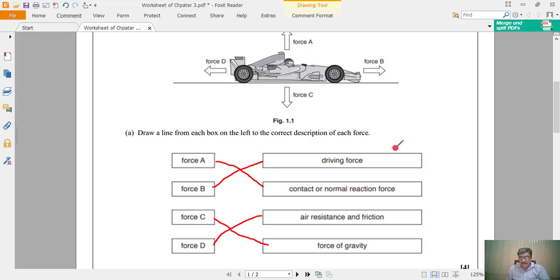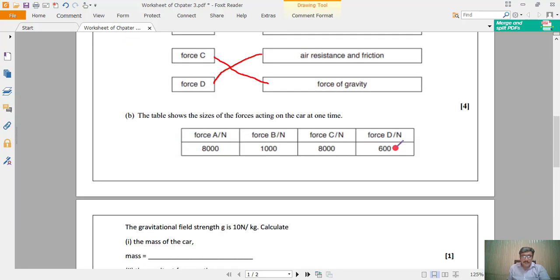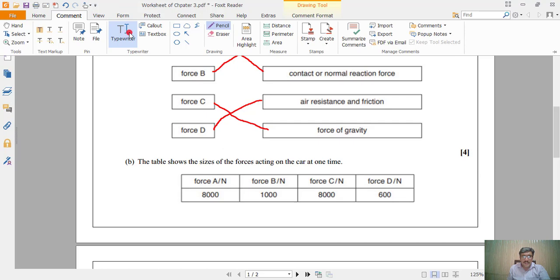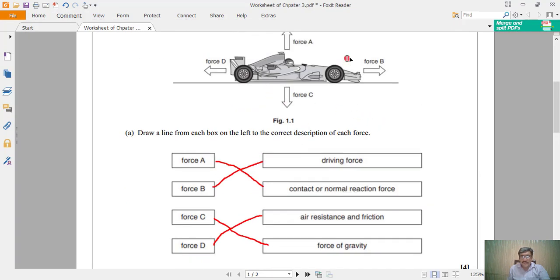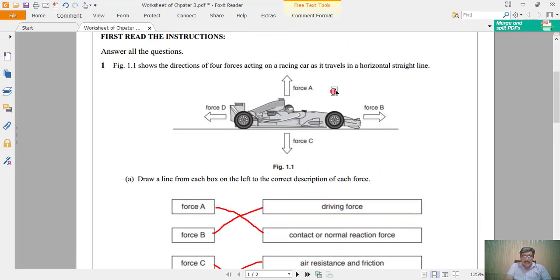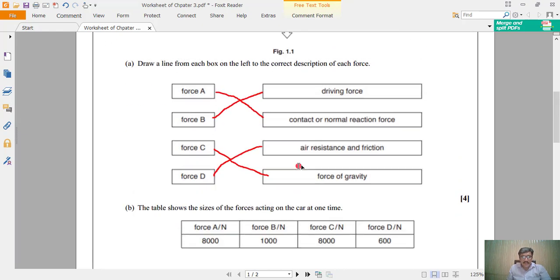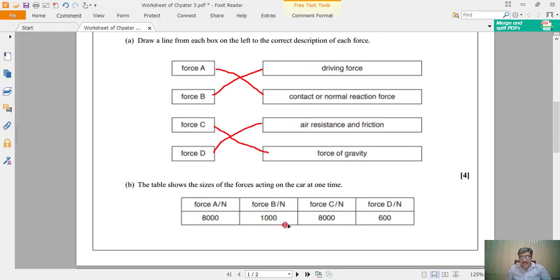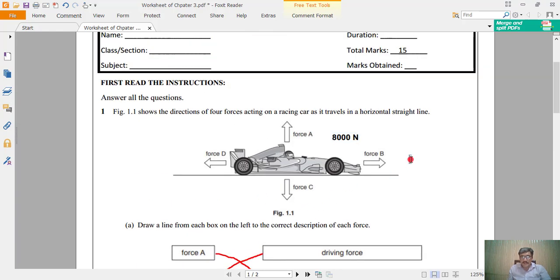So in part B of question number 1, the table is given to you in which the sizes, the magnitudes of forces acting on a car at each time, are given. Force A is 1000 Newton, and force B is 1000 Newton.